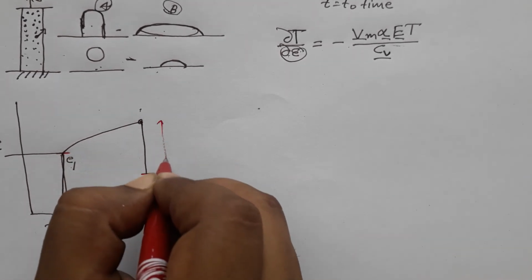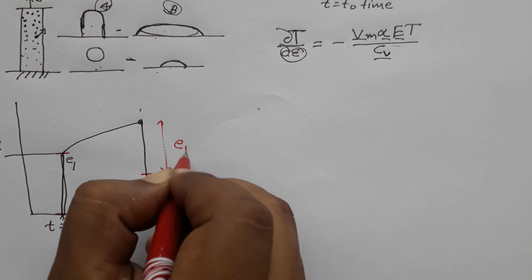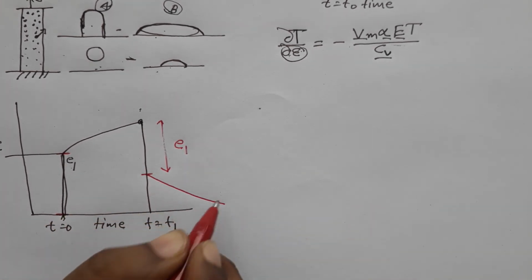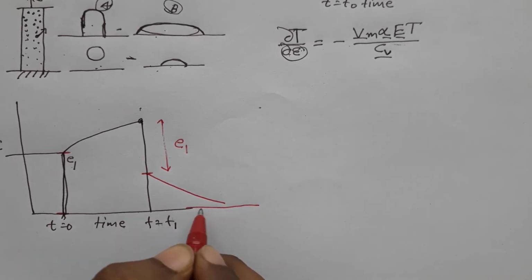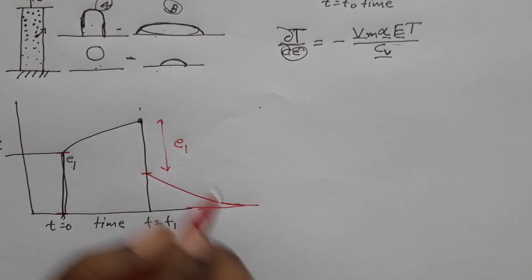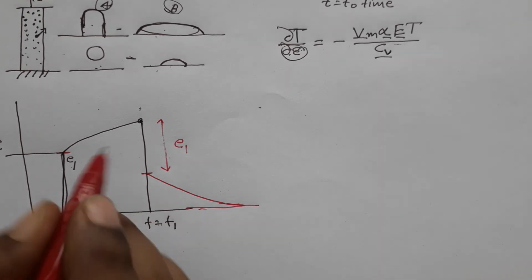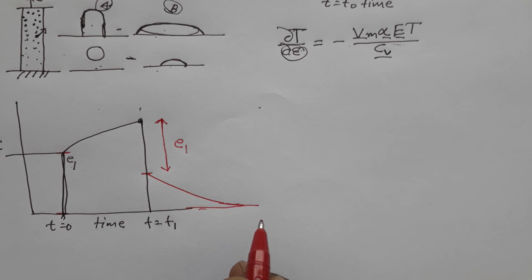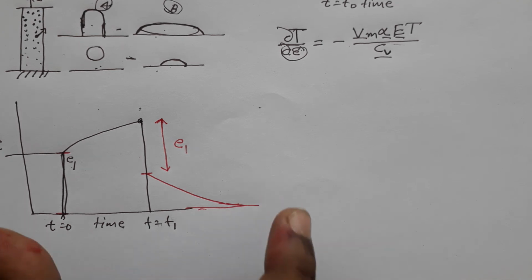What comes back instantaneously is E1, and then it will take some time to come back to 0, because we are talking about an elastic problem only. So, we are not talking about plasticity. This will happen in plasticity also, but that is a little complicated. So let us understand this in the elastic process, and then we will go back to the permanent deformation.